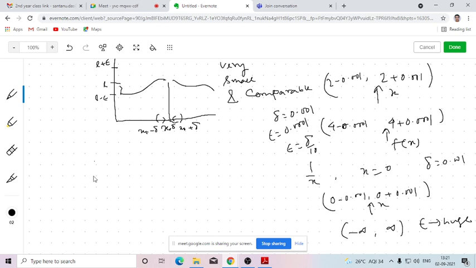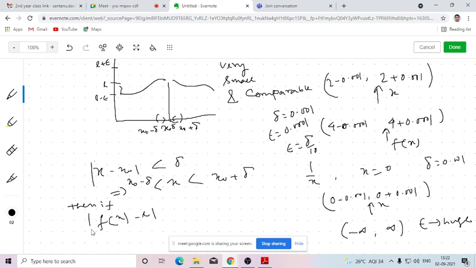So here we can define this as, whenever x is varying between x0 minus delta and x0 plus delta, then if the difference f(x) minus L is less than epsilon, that means f(x) varies from L minus epsilon to L plus epsilon, then the limit will exist. Otherwise the limit doesn't exist.